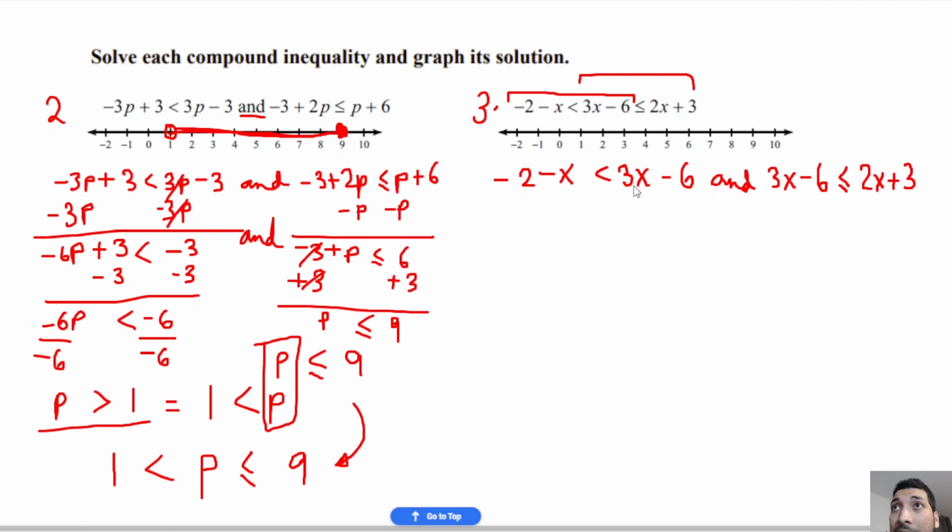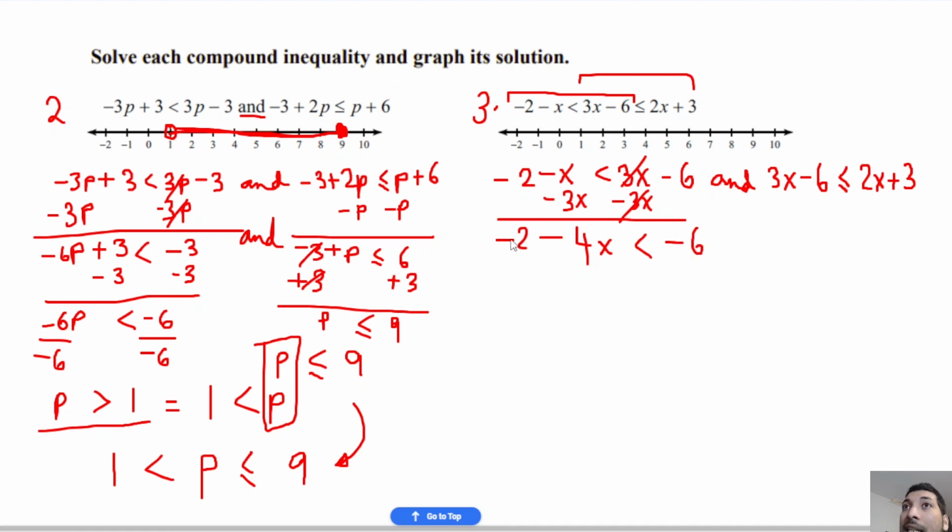So here we can take this 3x to the left side first. So we subtract 3x. So you can simply add those two numbers and keep that same sign. So we have 1 and 3 added together to make it 4. But since both have a minus sign, so you keep that minus sign. So -2 minus 4x less than -6.